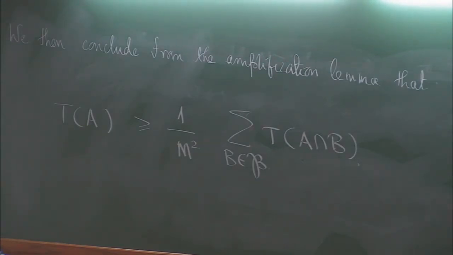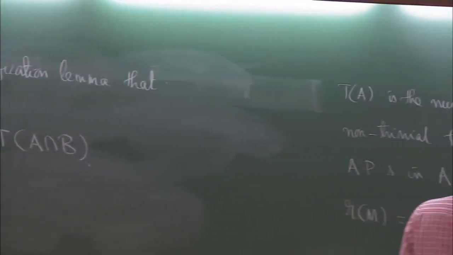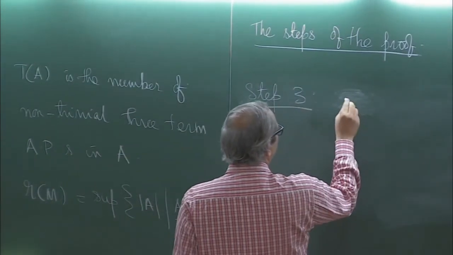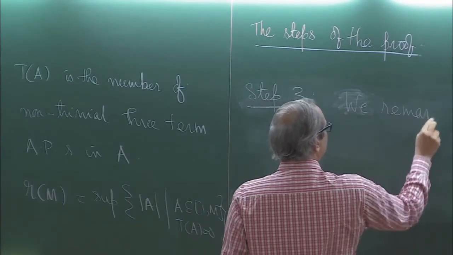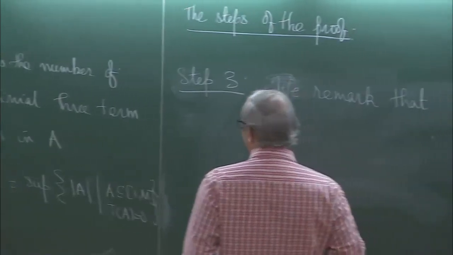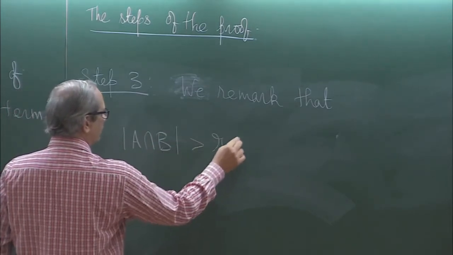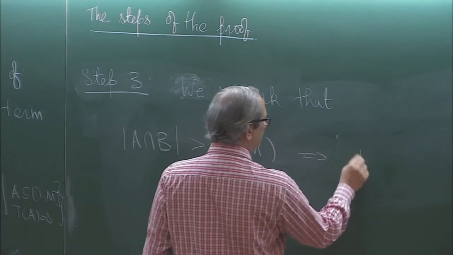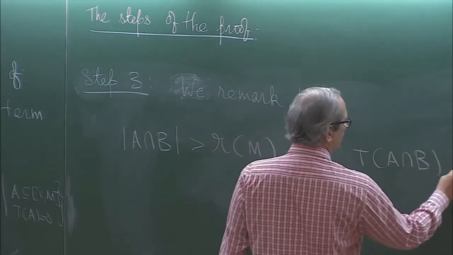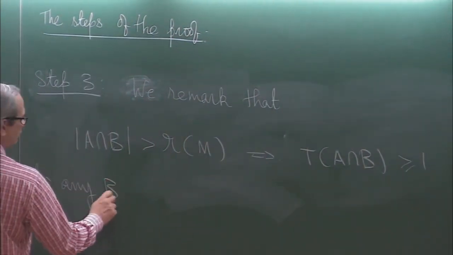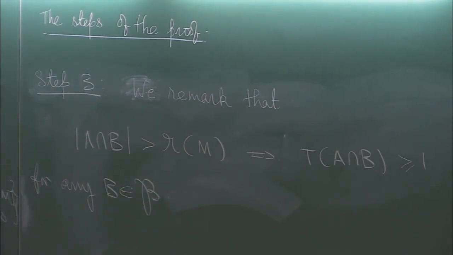So step 3, and that is, we remark that cardinality of A intersection B strictly bigger than R of m implies that T of A intersection B is greater than or equal to 1 for any B in the family.